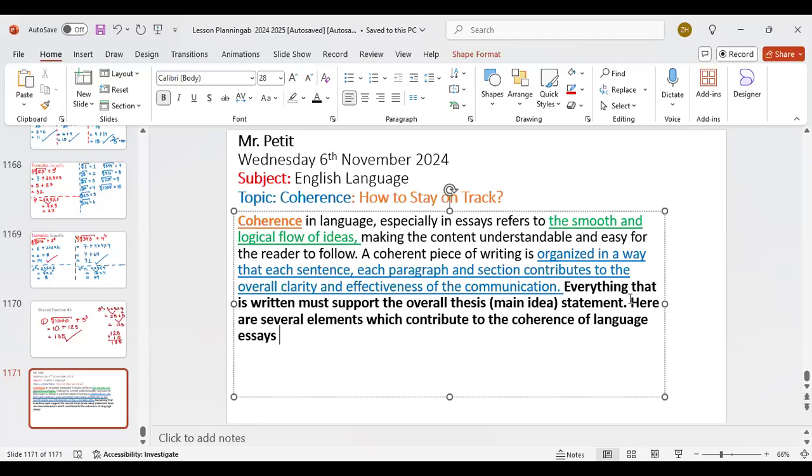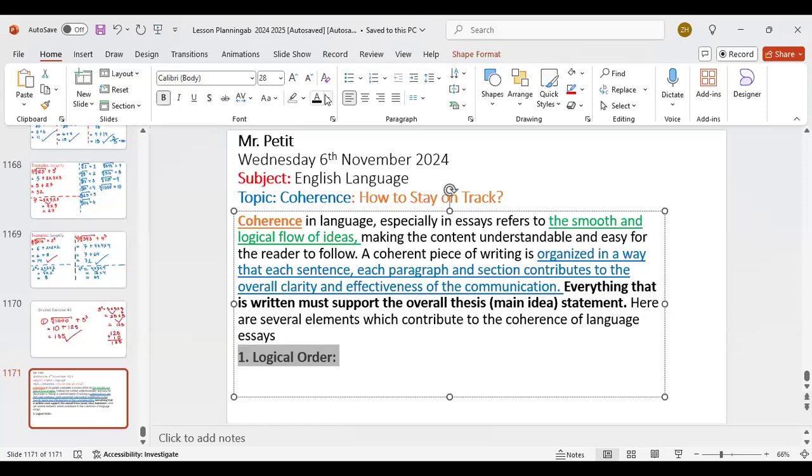Okay, so let me move this. Only this part's supposed to be in bold. Okay, so like I said, it has to be in logical order. Logical order.